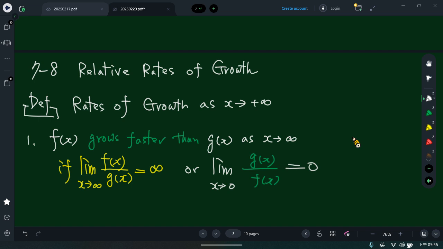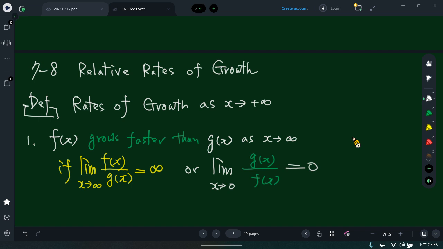When we want to compare the growth rate of two functions, we can simply take the ratio first, then calculate its limit as s goes to positive infinity, and see if the final result is infinity.